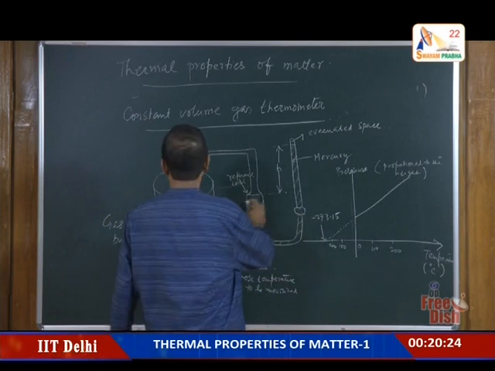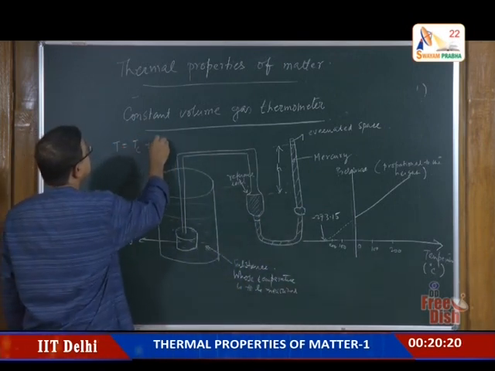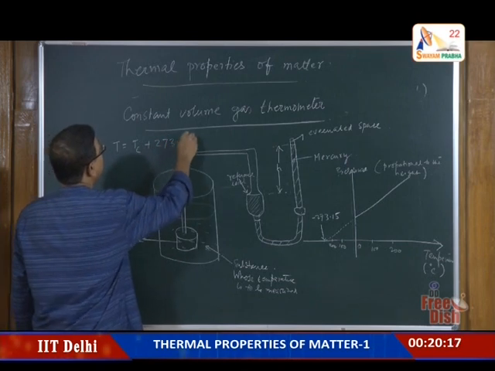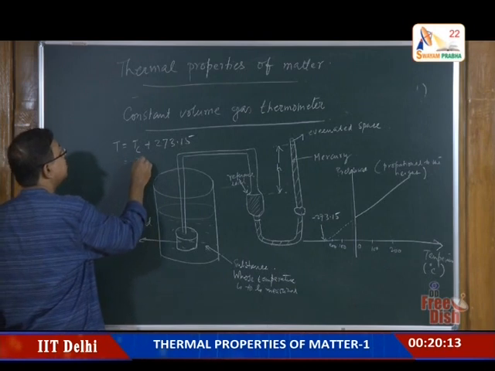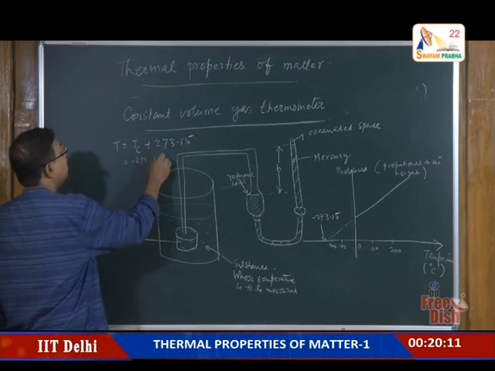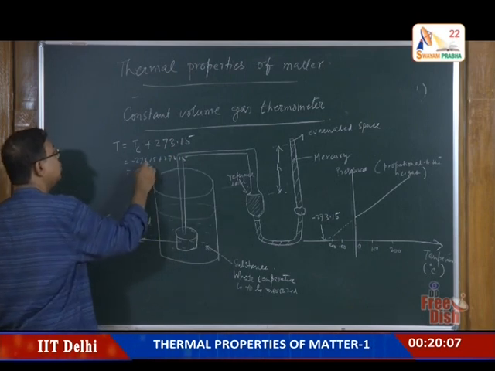You remember the relation that we have written down earlier: T equal to Tc plus 273.15. Now here Tc is equal to minus 273.15. If I add it to 273.15, it becomes equal to 0 Kelvin.